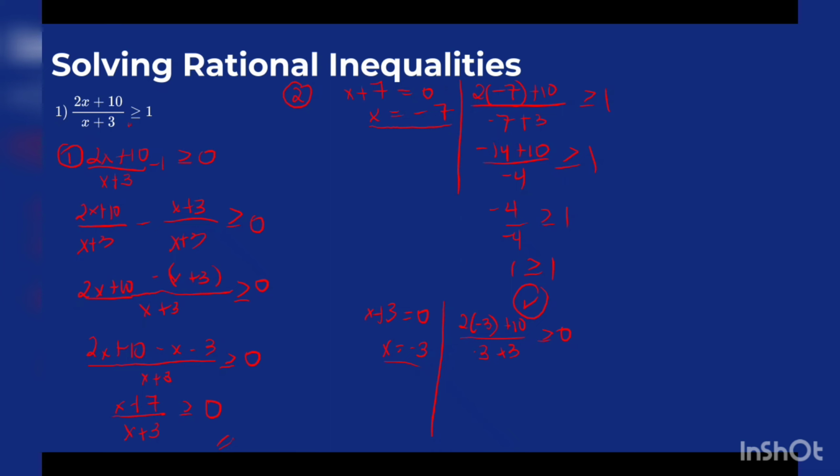And this will be negative 6 plus 10 divided by 0 is greater than or equal to 0. And since we already have our denominator equal to 0, that means this is undefined. So if your answer is undefined, then that means negative 3 is not part of the solution.